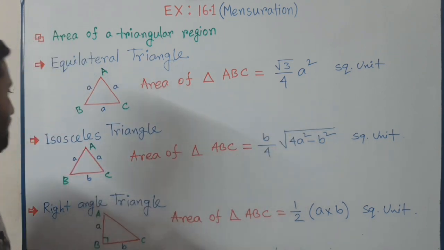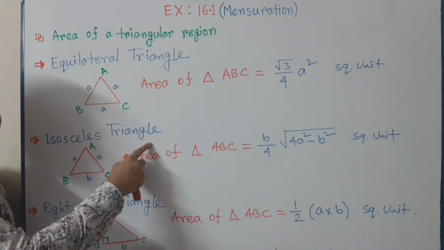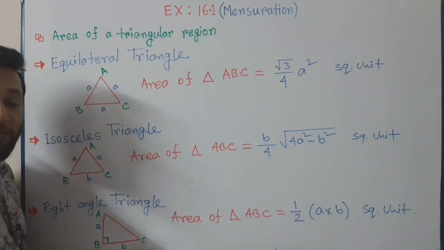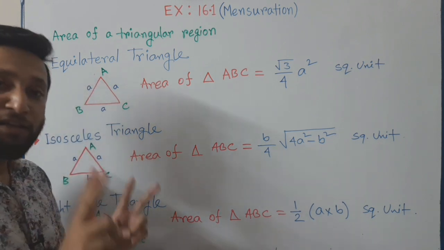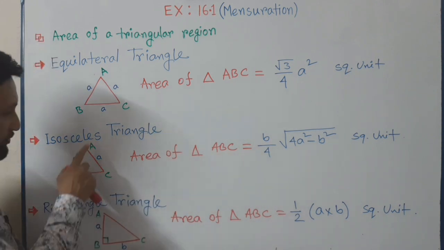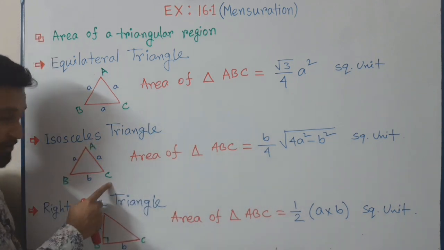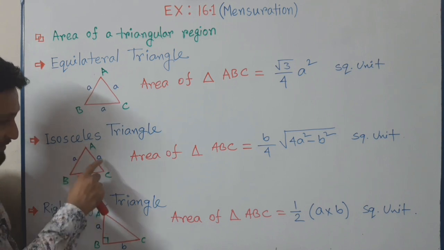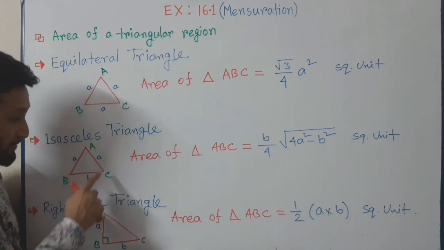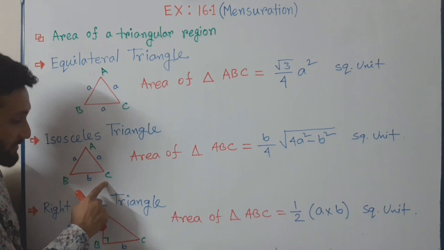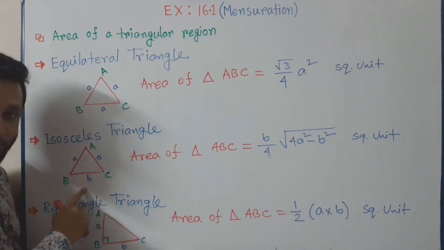Okay. Now isosceles triangle. Isosceles triangle, that means in a triangle any two side lengths are equal. Suppose ABC is an isosceles triangle where AB and AC, two side lengths, are equal and the measurement is A unit, and then BC is base B. Okay.